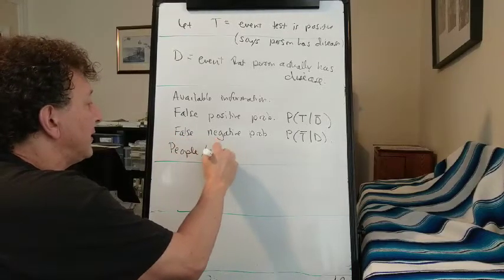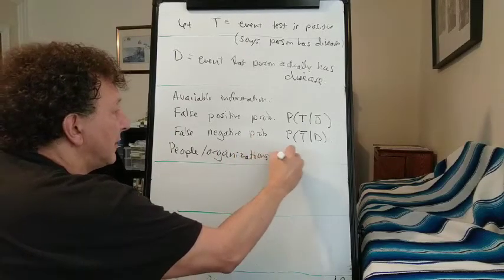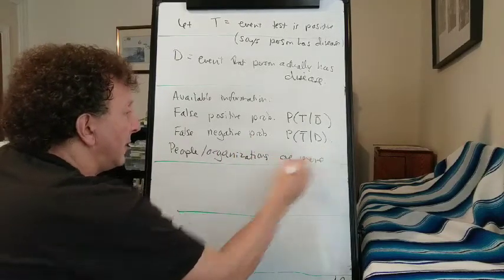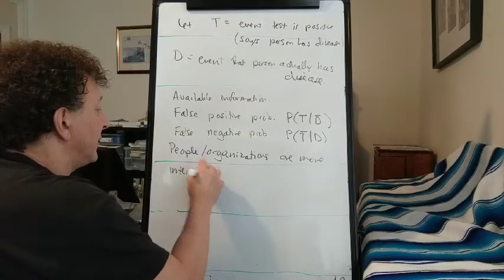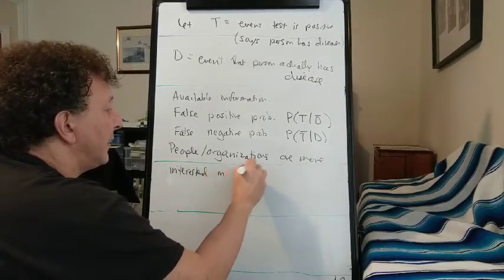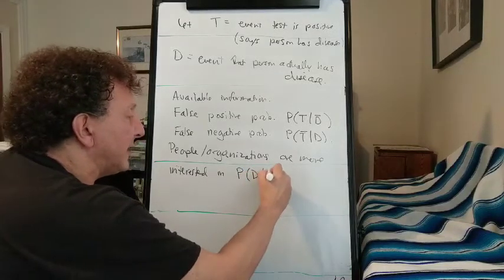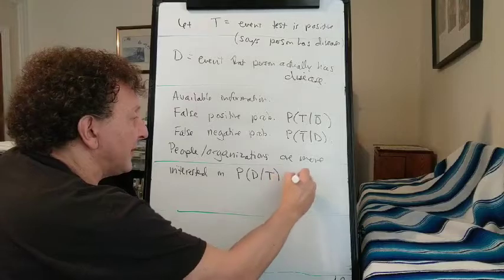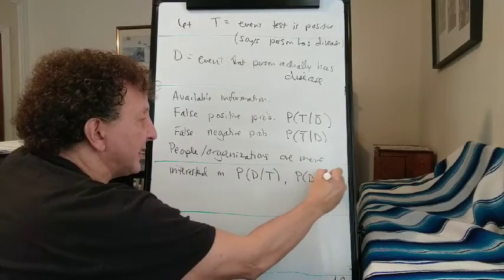So people and organizations are more interested in the probability that somebody has the disease given that they tested positive, and the probability that the person has a disease given that they tested negative.